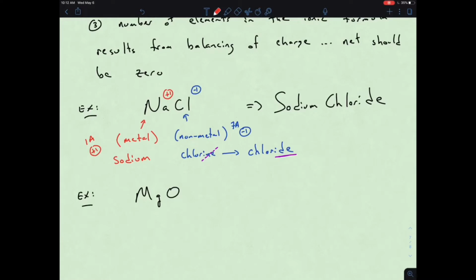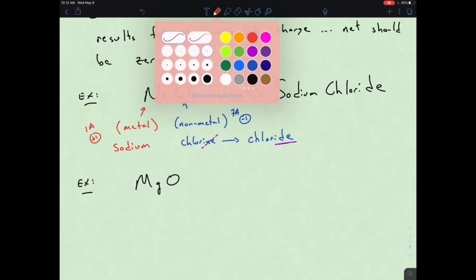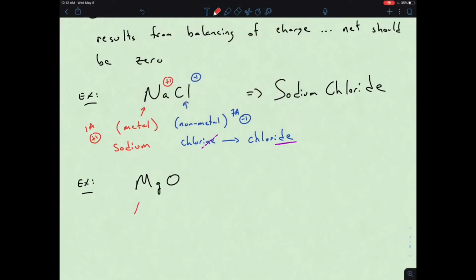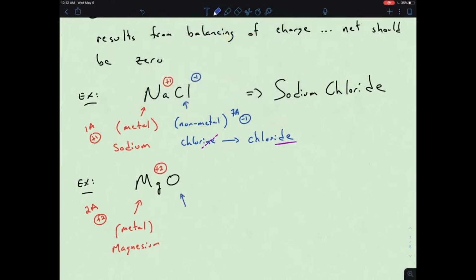Apologize for the interruption. Getting to magnesium oxide, it's the same kind of gambit. I guess I just let the cat out of the bag here as far as, well, here's our metal. Our metal here is magnesium. Magnesium is a 2A element, so that's why it would have a +2 charge. And then we have our nonmetal right here being oxygen.